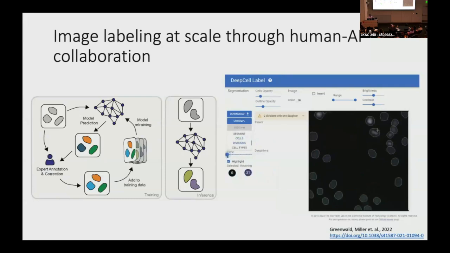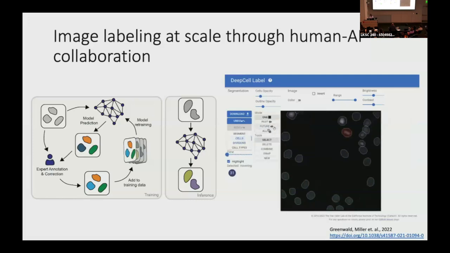It's capable of labeling a wide variety of types of images for a wide variety of tasks, right? So segmenting cells, tracking cells, identifying cell types, phenotyping positive markers, you name it, odds are DeepCell Label is able to do it, and do it in a way that's amenable to either experts doing the labeling or crowdsourced workers doing the labeling.